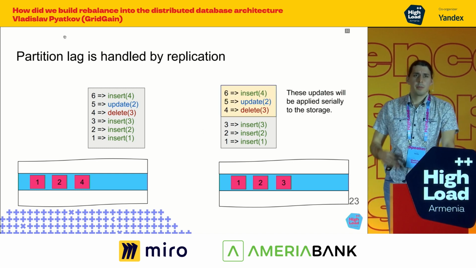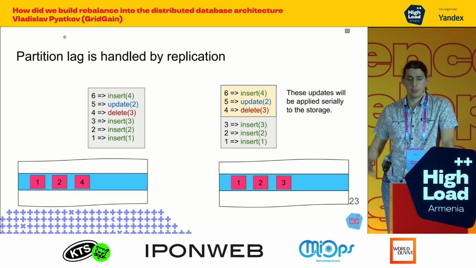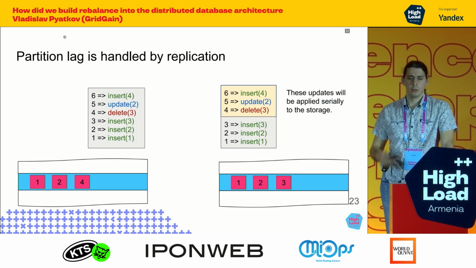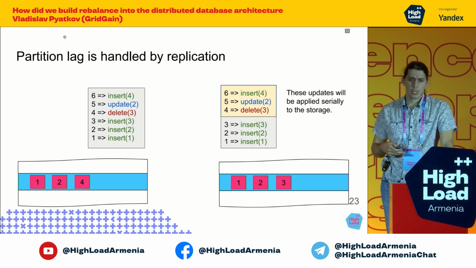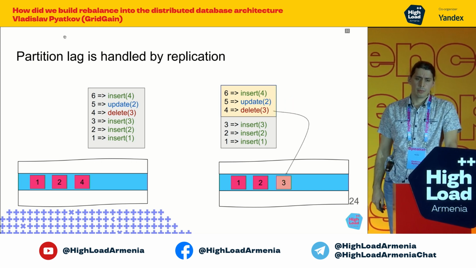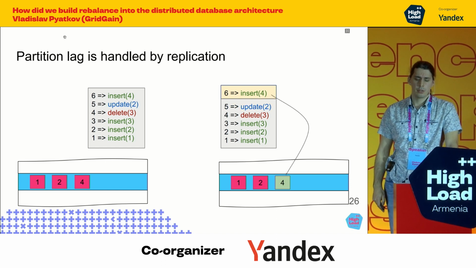And of course, when the updates are attached to the log storage, they should be applied to the internal state of the node. Of course, we will apply them in order of log ID. First of all, we will apply a record with the delete operation, then the update operation with ID 5, and then the insert operation.